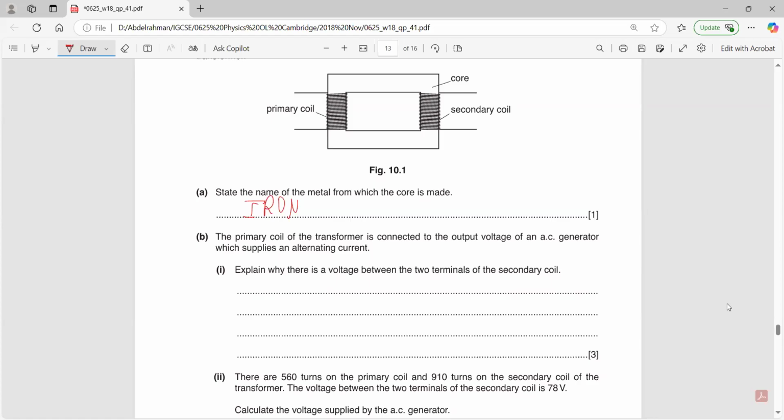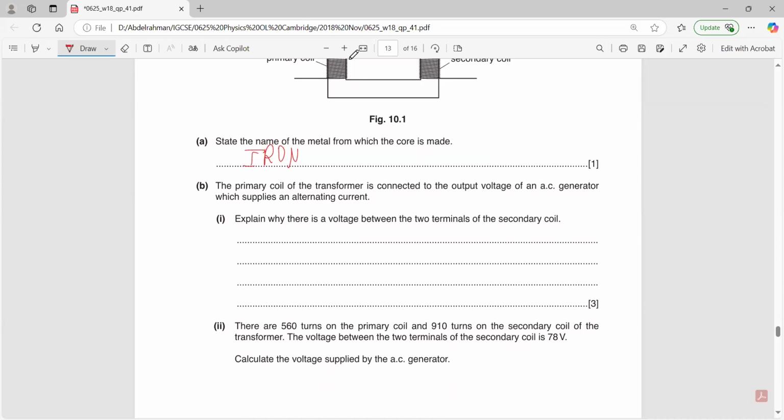Basically, we need to state the operation of this transformer. How does this transformer operate? Well, we have some points we need to talk about.